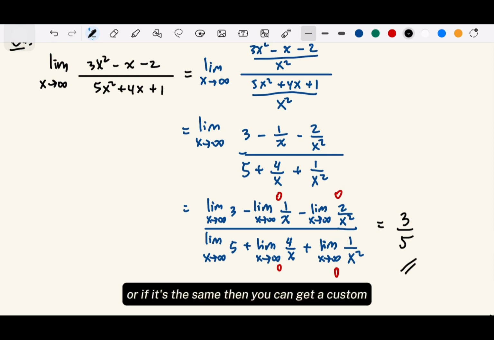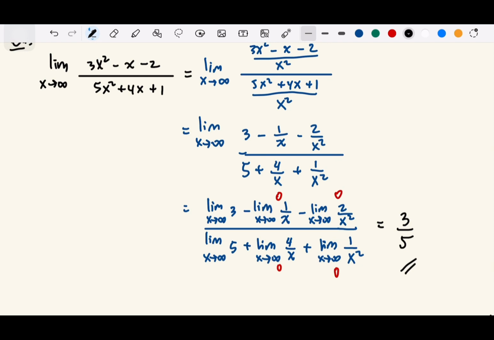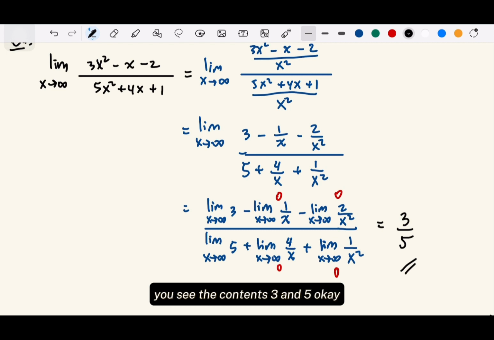Or if it's the same degree, then you could get a constant. But the shortcut: the same degree, you see the constants are 3 and 5, you could ignore the other terms, it's 3 over 5.